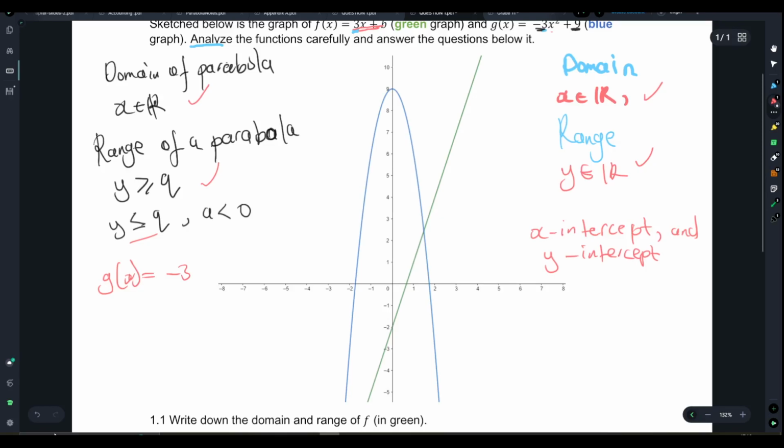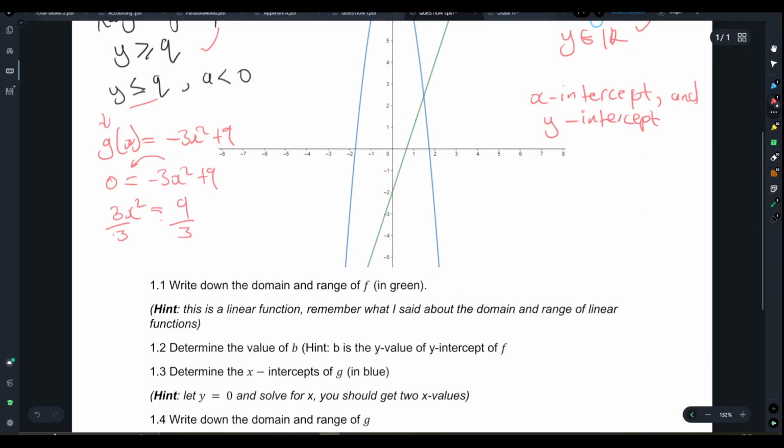Okay, so this is going to be 3x squared is equal to positive 9. I just transposed. Okay, so I divide by 3, I divide by 3, I find x squared is the same as 9. Let me continue here.